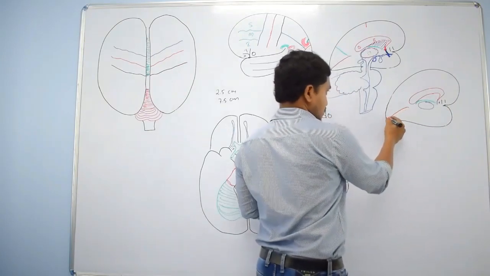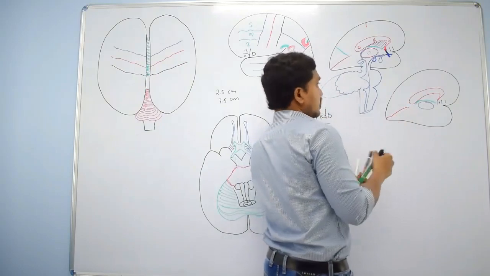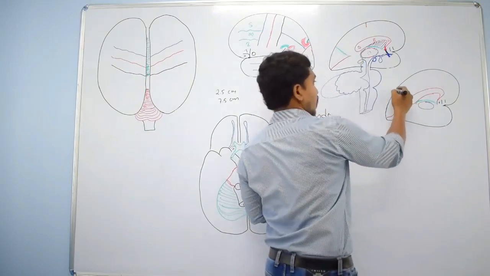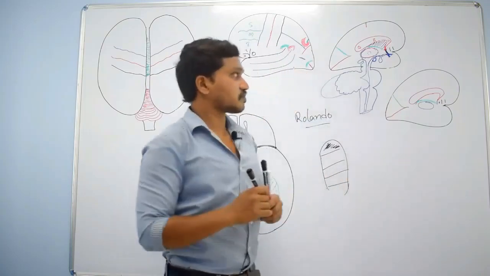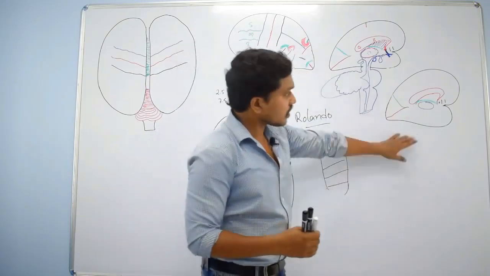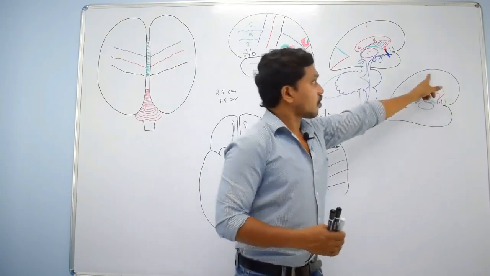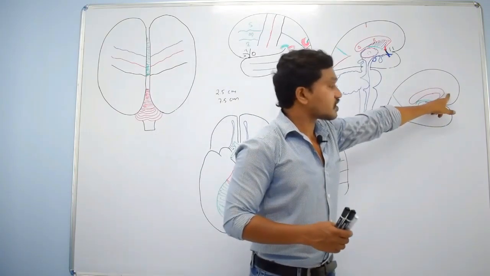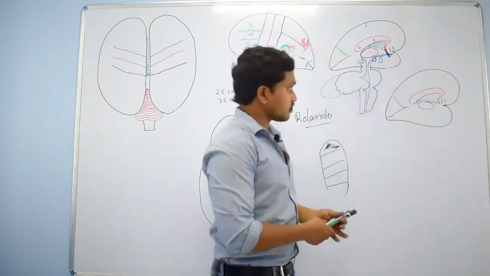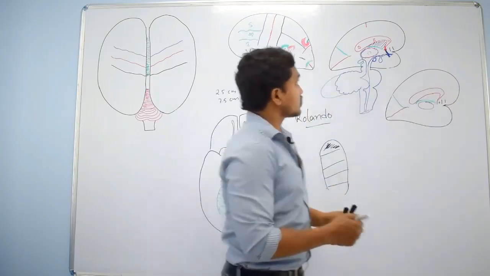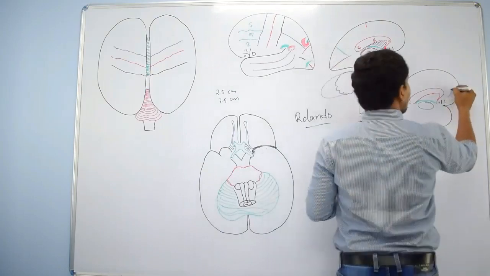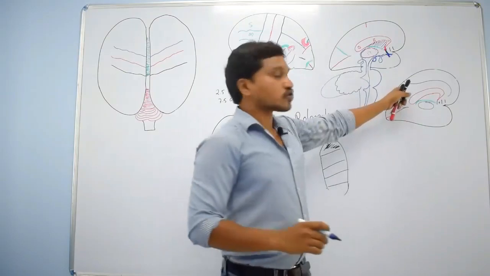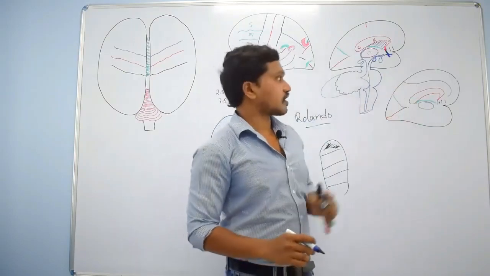calcarine sulcus and here the parieto-occipital sulcus, right? Now one sulcus starts in front of the genu of the corpus callosum, extending backwards and reaches the superior medial border.